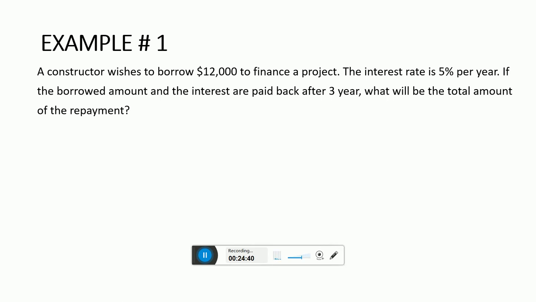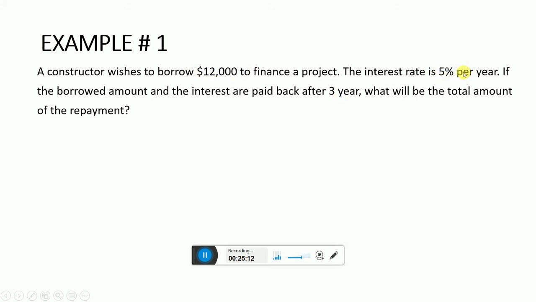If a constructor wishes to borrow 12,000 US dollars to finance a project, the interest rate is 5% per year. If the borrowed amount and the interest are paid back after 3 years, what will be the total amount of the repayment? In this question, this is the present worth, $12,000.